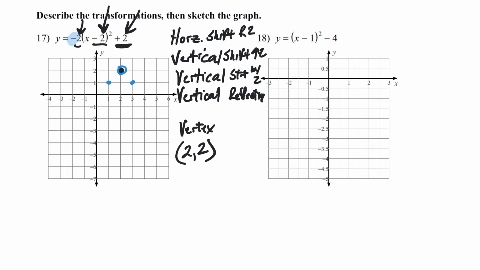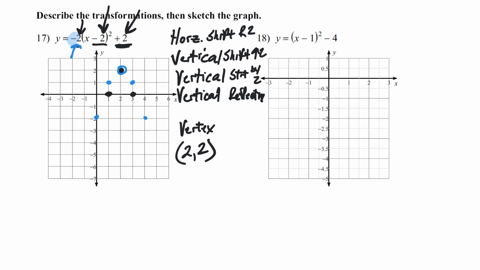Ours has been stretched by a factor of 2. So when we went over 1, instead of going down 1, what we're going to end up doing is going down 2. So we'll have a point here as well. On the same regard, when we go over 2 on a quadratic formula, we should go down 1, 2, 3, 4. We should be here and here. But we're not doing the traditional thing. We're doing double that. That's what a stretch is.